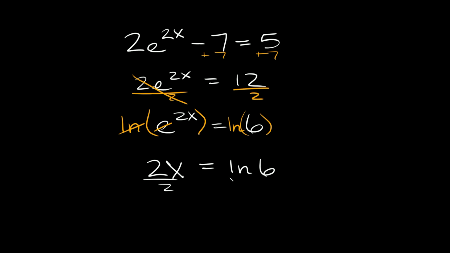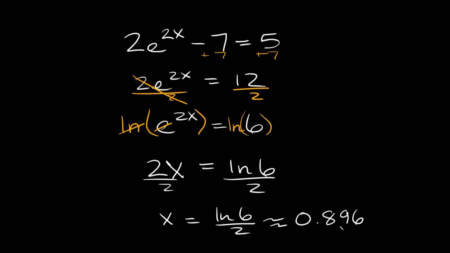And then we can just divide both sides by 2. So we get that x is equal to the natural log of 6 divided by 2. Okay, and this will be a little easier to plug into your calculator because if you do, you'll get that this is approximately equal to 0.896, and we'll go 3 decimal places. So there's your answer.